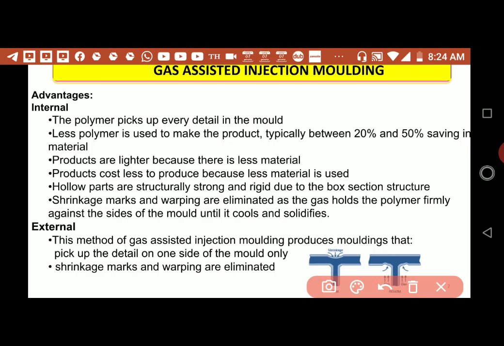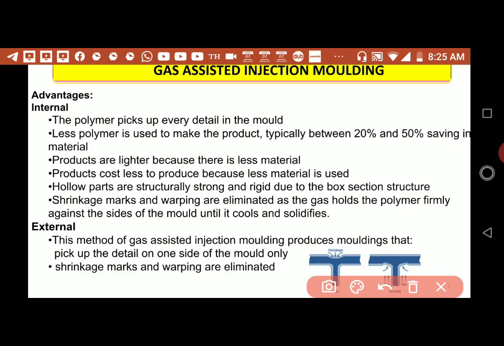and less polymer is used to make the product, typically a 20 to 50% saving of material, and products are lighter because there is less material, and also the cost is less.